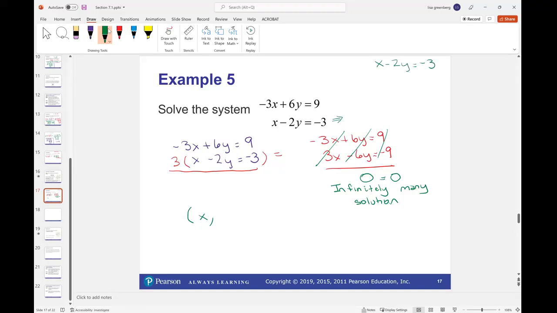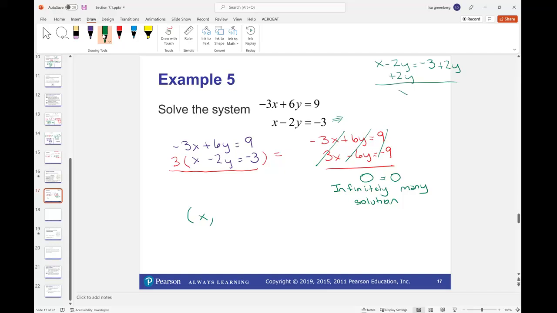And I'm going to solve this for Y in terms of X. So I'm going to subtract X from both sides. I'll make it easier for you guys. I will add Y to both sides.